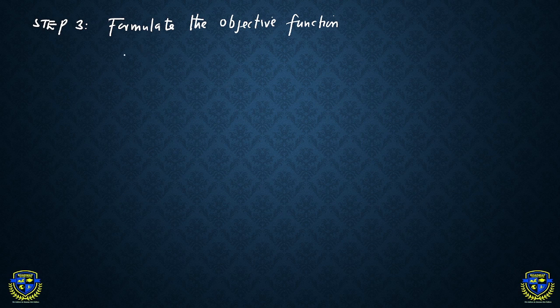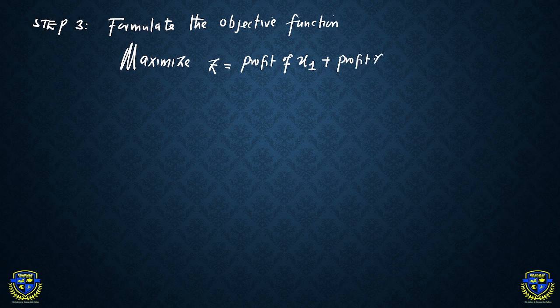So we're going to say maximize Z being equal to the profit of X sub 1 plus the profit of X sub 2 plus the profit of X sub 3.